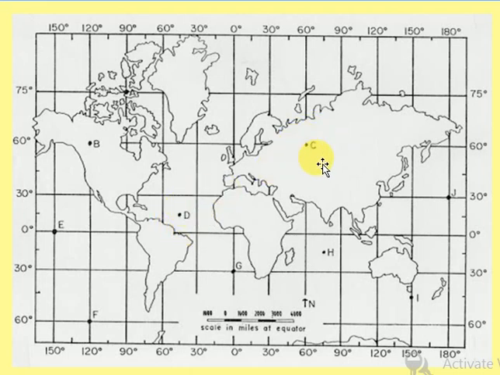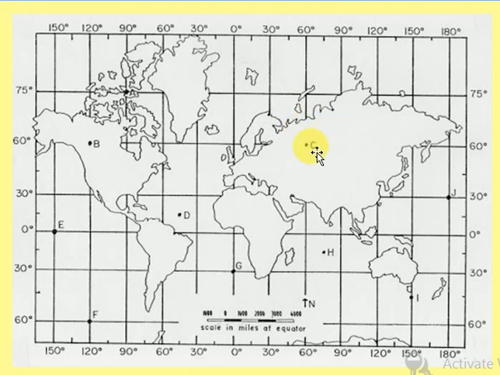Same way with other points also. Point C, you can see, first find out this grid. Latitude is around 60 degree, and over here again the longitude 60 degree, and this is the center point. So 60 degree you can say north, and over here it is 60 degree east.